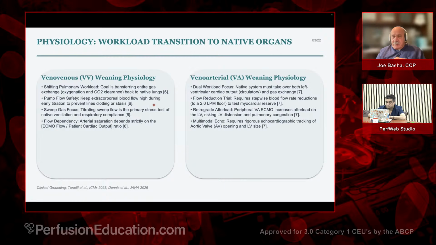In veno-arterial, your weaning philosophy is dual workload focused. Native system must take over both left ventricular cardiac output, circulatory, and gas exchange. Your flow reduction trial requires stepwise blood flow rate reductions to 2 liters per minute as your floor. You do not want to go below this.